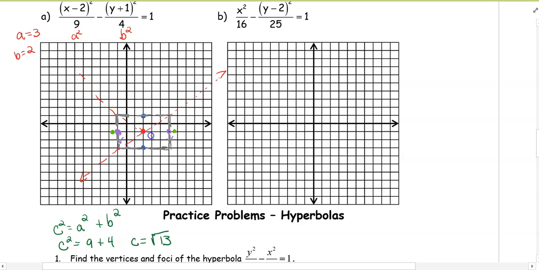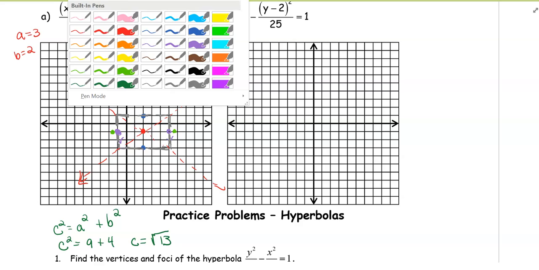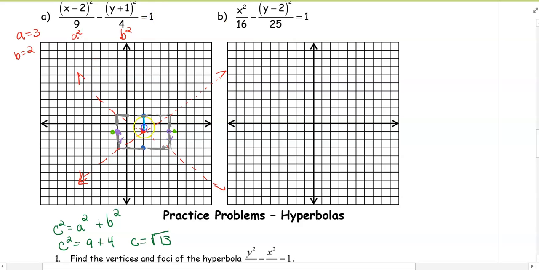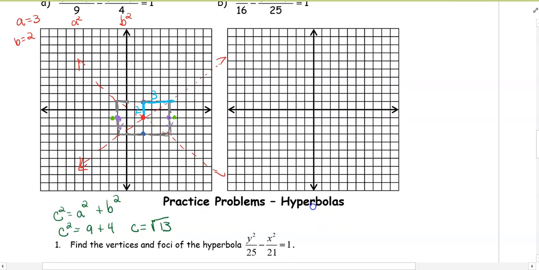So they hit a corner, center, corner. And this is why I do not need to memorize the equation of the asymptotes. I can now figure out my slope is up 2 over 3, and it goes through the center.